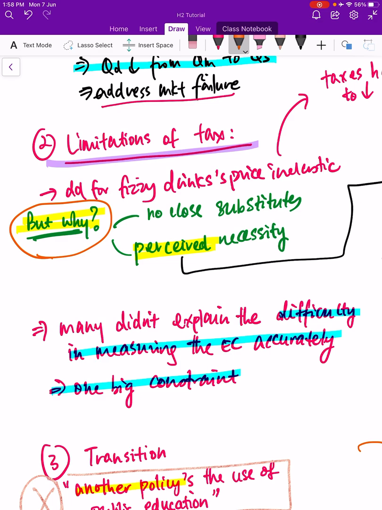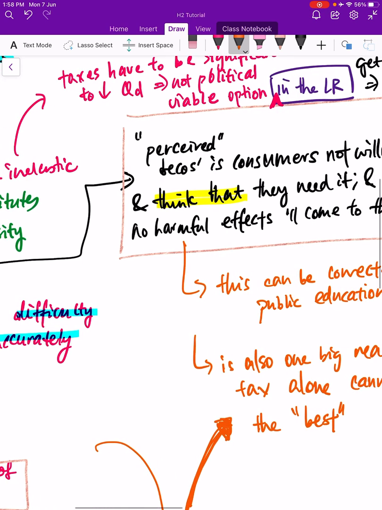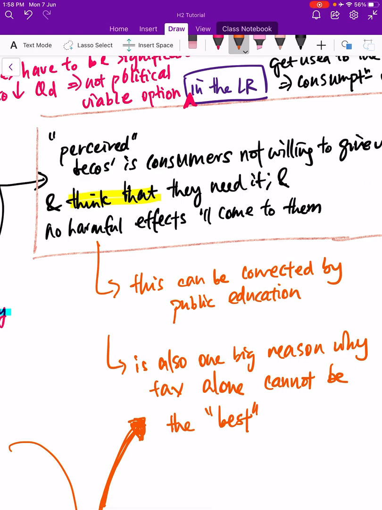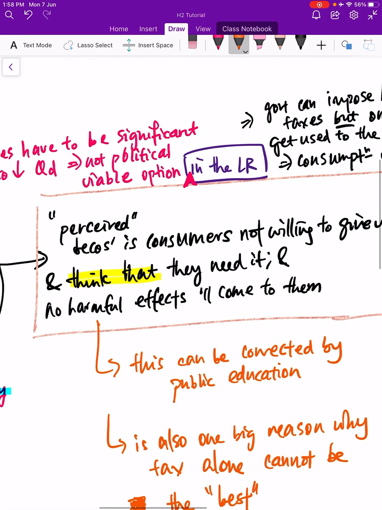Now, I highlighted the word perceive because it is a belief of these consumers that they are not willing to give up fizzy drinks, and they think that they will need it because it is like an essential item in their life, right?